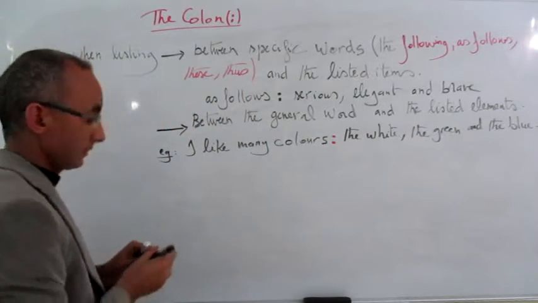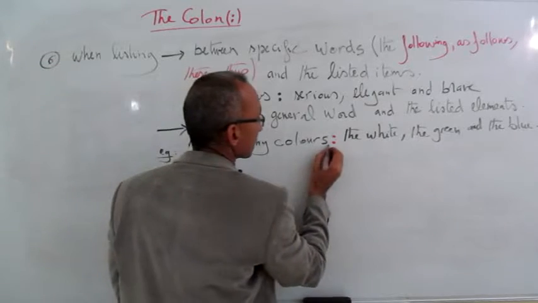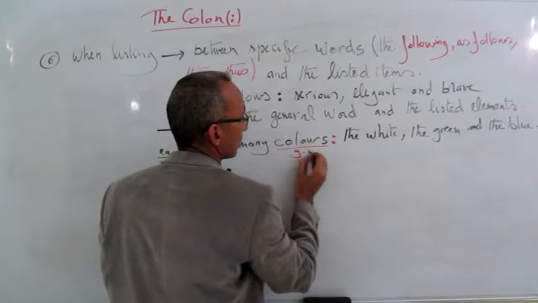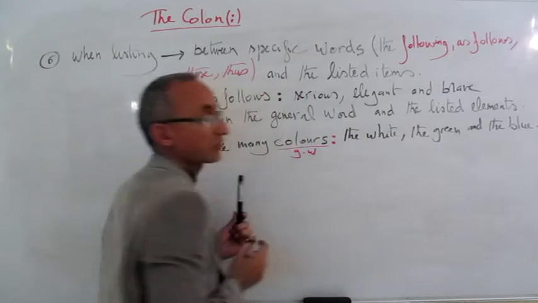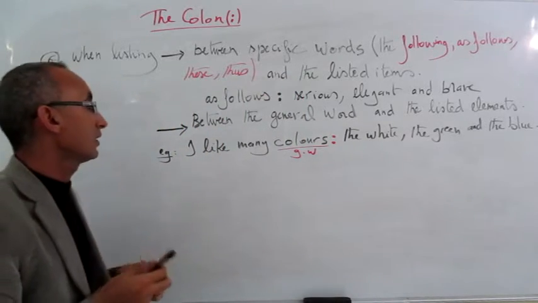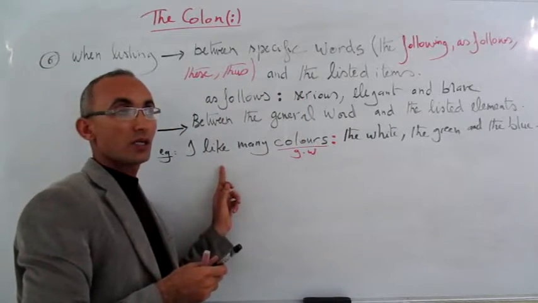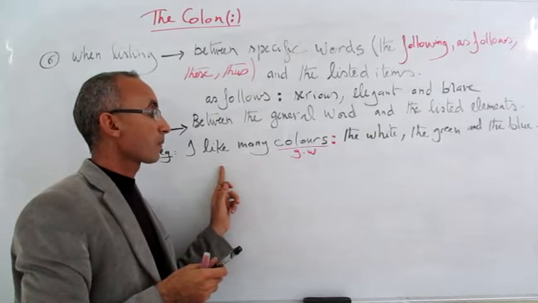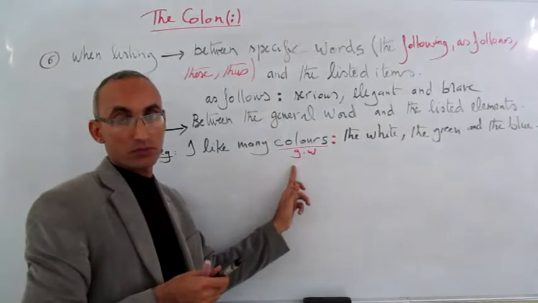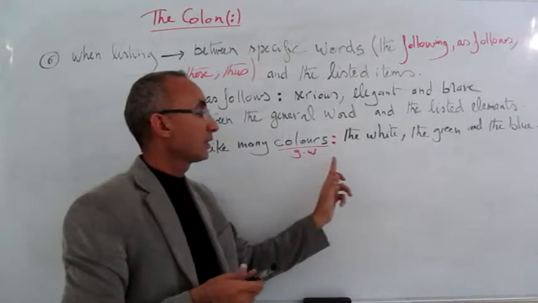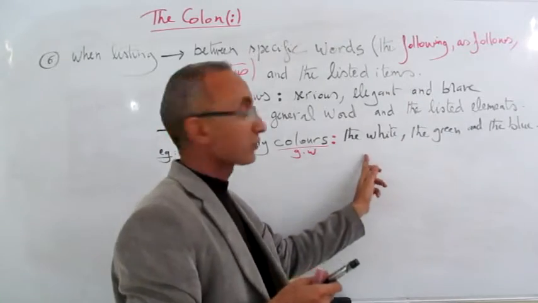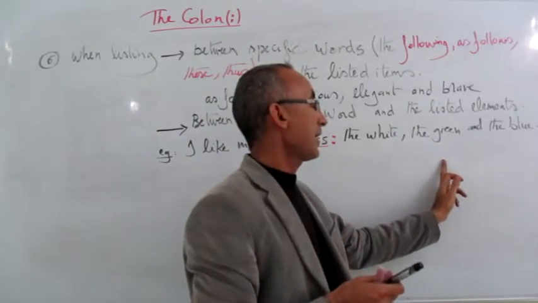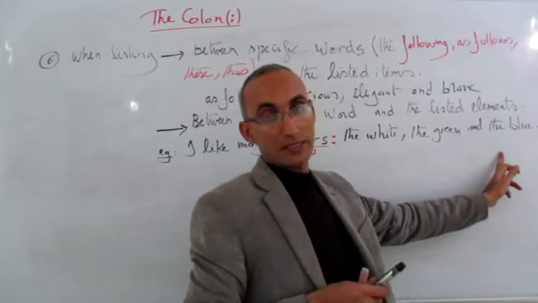Like here is the general word, and here are the items. For example, you can say, I prefer, I don't know, American cars: for example, Cadillac, General Motors, and Chevrolet, for instance. Clear.